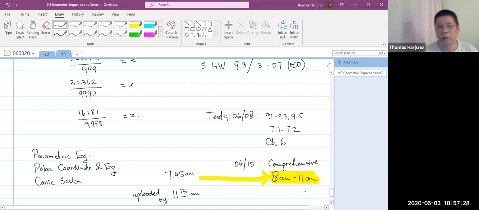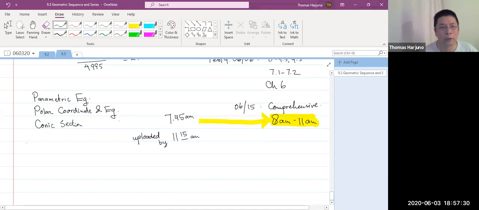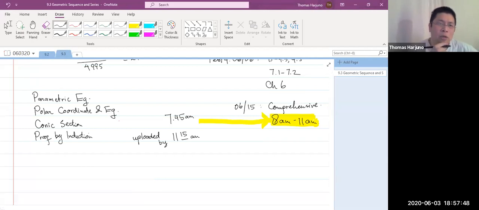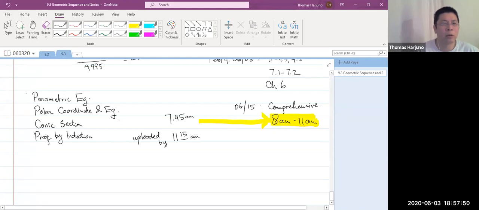What else am I missing? Oh, induction, proof by induction. Yeah, I think those are the ones I'm missing. You don't really need that right away for your Calculus 1, but try to see that before you get to calculus.